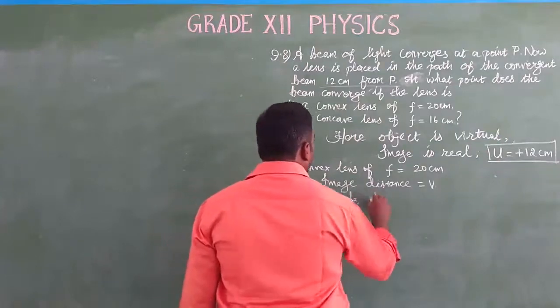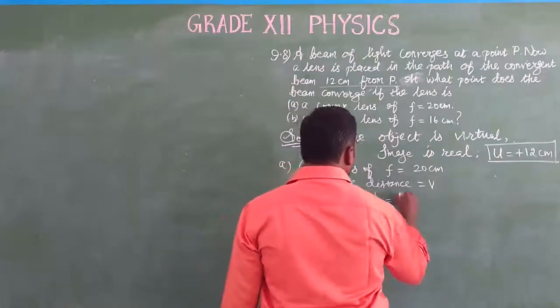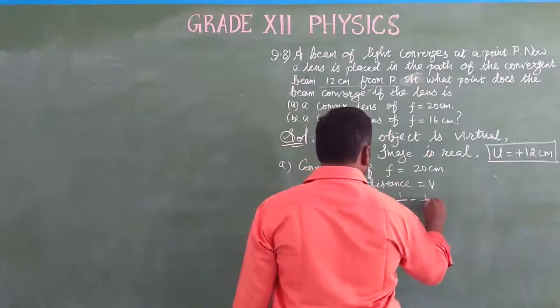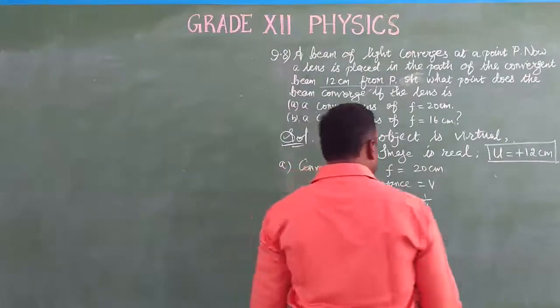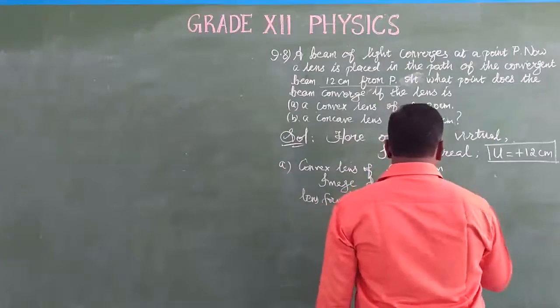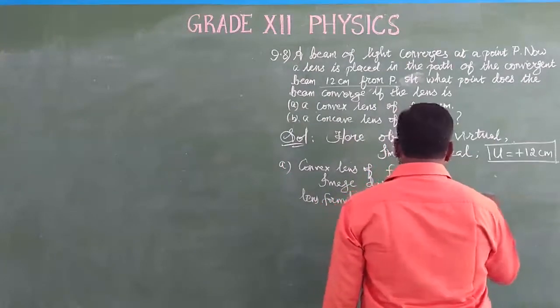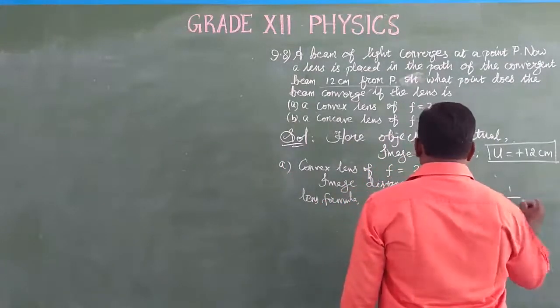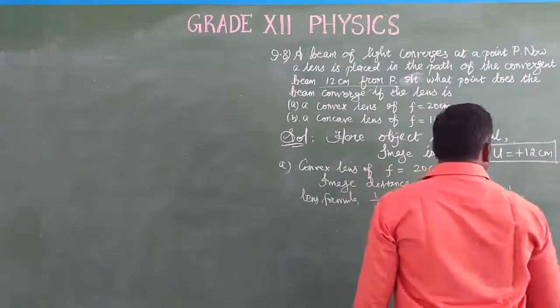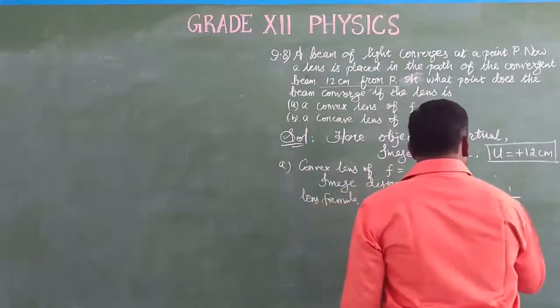The reciprocal of focal length is the difference of the reciprocal of image distance and the object distance. So substitute the values: 1 by f, that is 1 by 20, is equal to 1 by v minus 1 by u, plus 12.